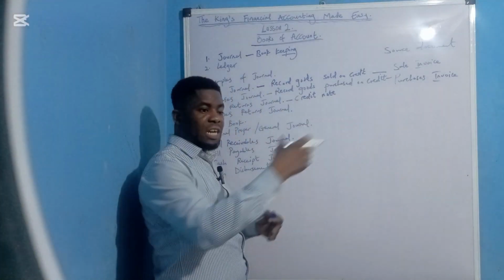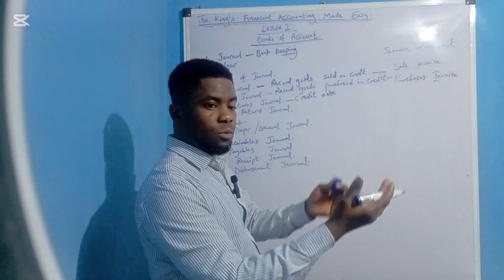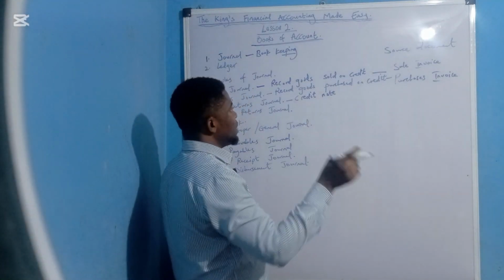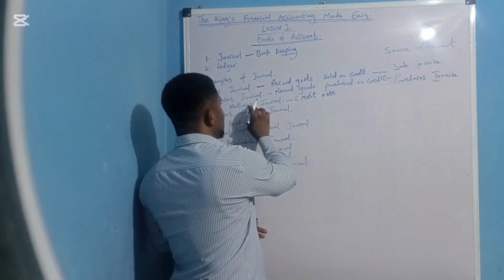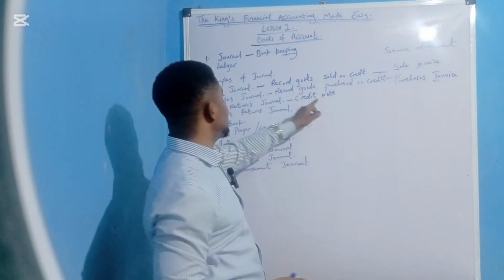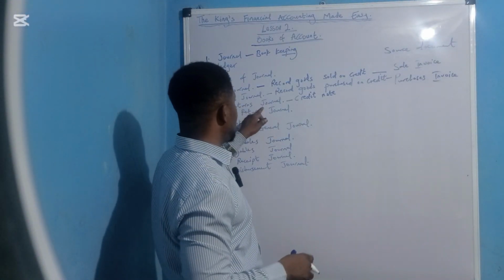That is when you have overcharged the customer. Use your credit note to rectify that problem. So that is the source document. You issue credit notes, and you use those credit notes to record into your return inward journal.